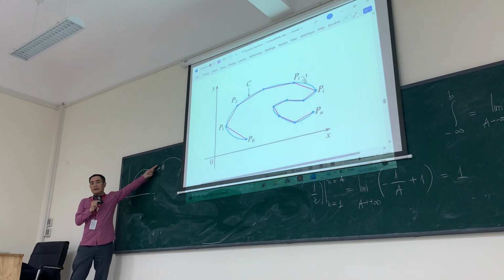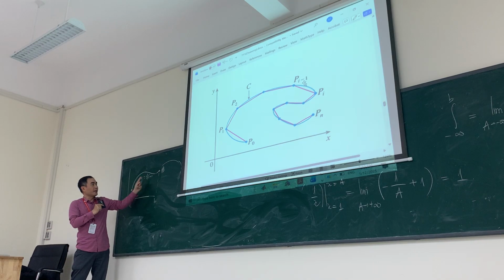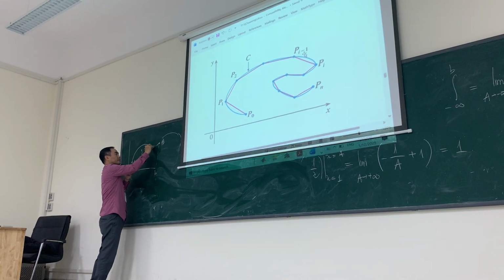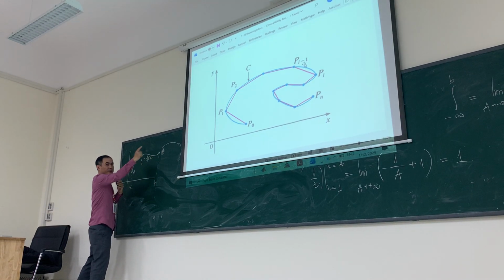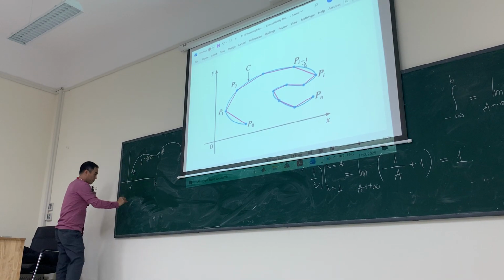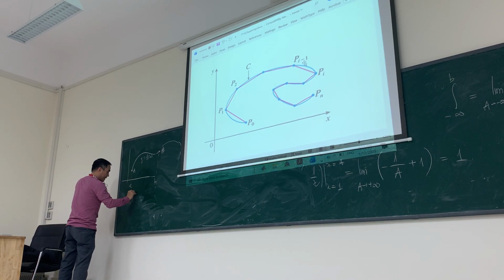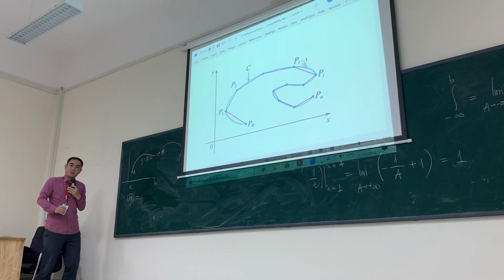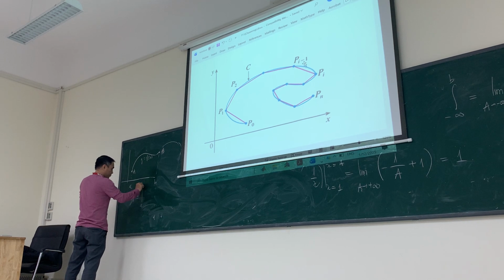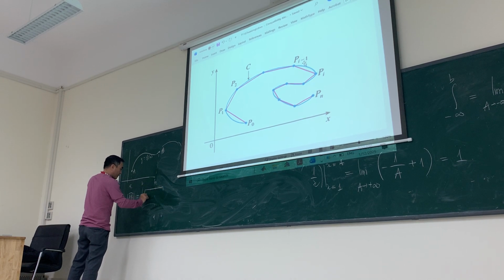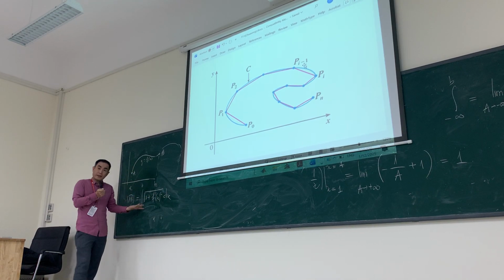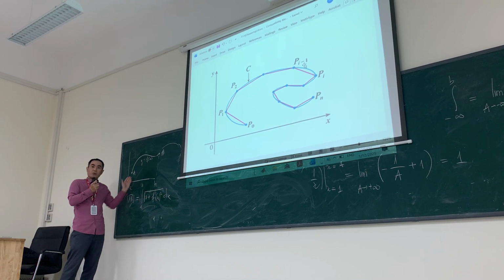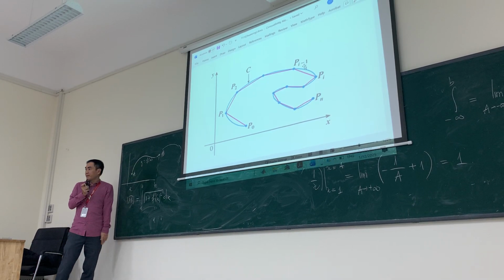The curve has the equation y equal f of x. What's the formula for the arc length of this curve AB? The arc length AB is equal to the integral from a to b of the square root of 1 plus f prime of x squared dx. This is the formula to calculate the arc length of this curve from a to b.